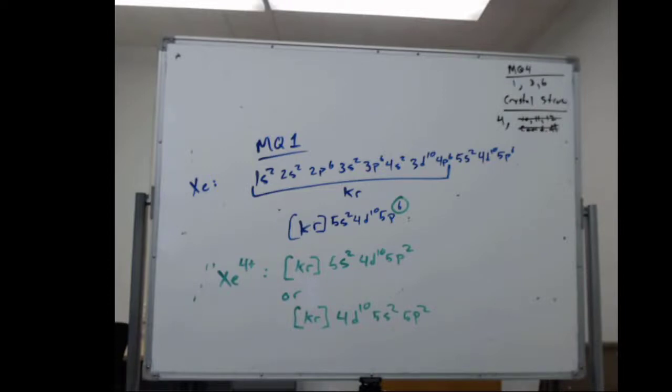So you're putting in krypton 5s2 4d10 5p2. Yeah. And it's giving a weird result, right? Yeah, it just says no results found. Huh.